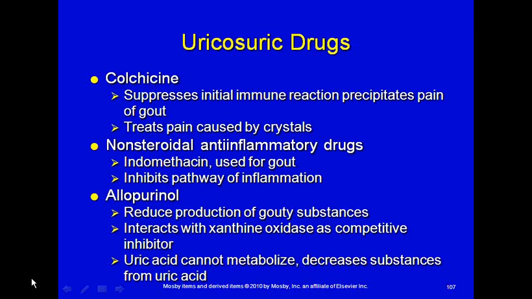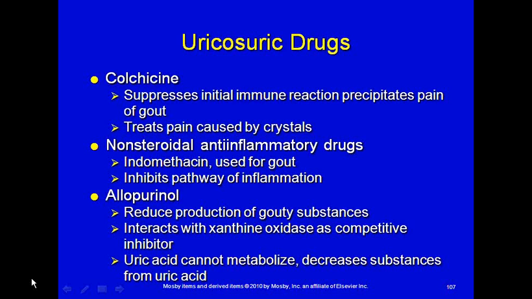Colchicine is a drug that's used to suppress the immune response that precipitates the pain of gout. Non-steroidal anti-inflammatory drugs like indomethacin are used to treat gout as well. They inhibit the pathway of inflammation. Allopurinol is another drug that is used to treat gout.